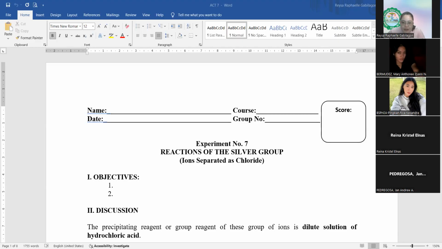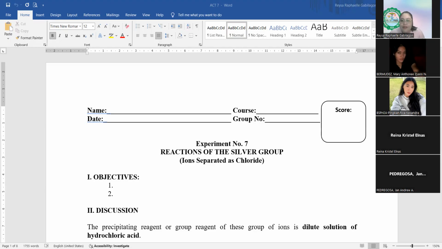Sige. So, ito, experiment number 7, reactions of the silver group. Actually, ito yung sa group 1. 'Di ba kanina may group number 1 tayo, doon na belong si silver, and then their precipitating reagent is hydrochloric acid. Ang tawag actually sa group 1 ay silver group.